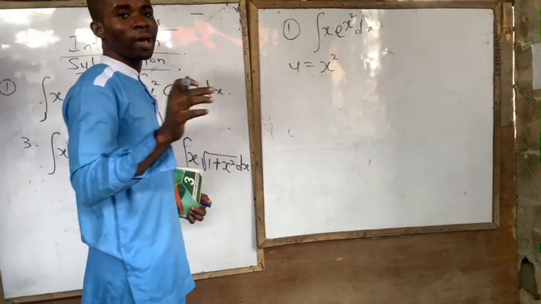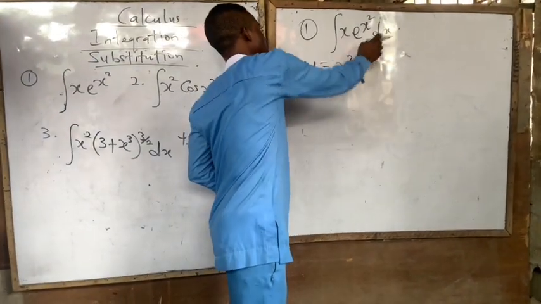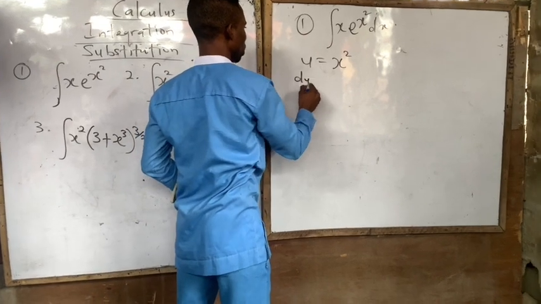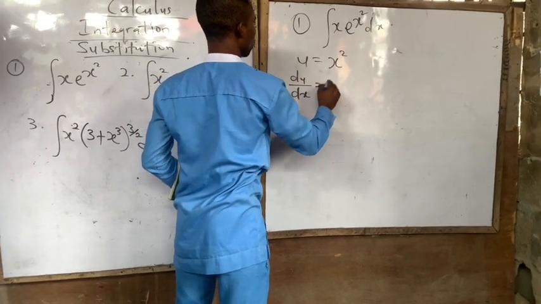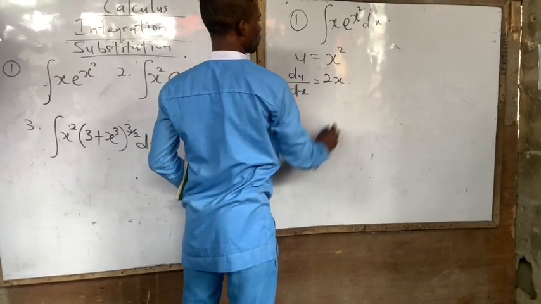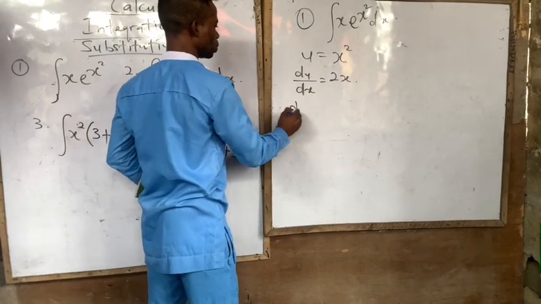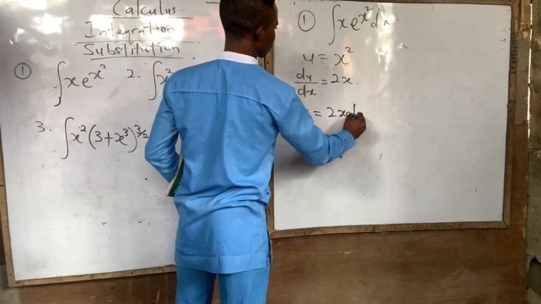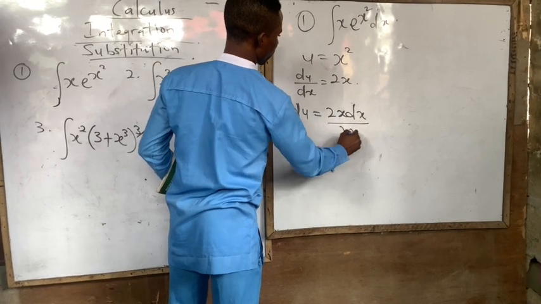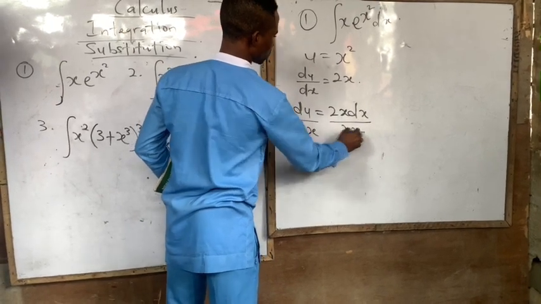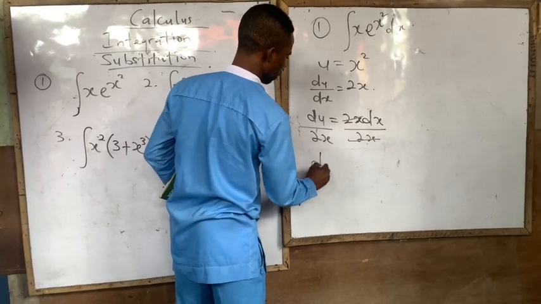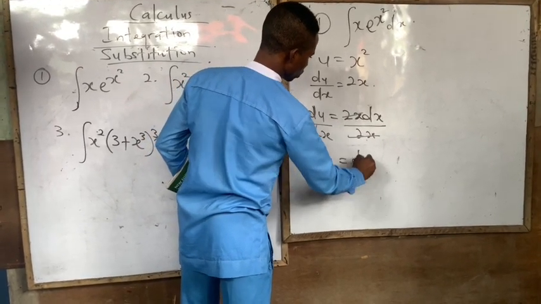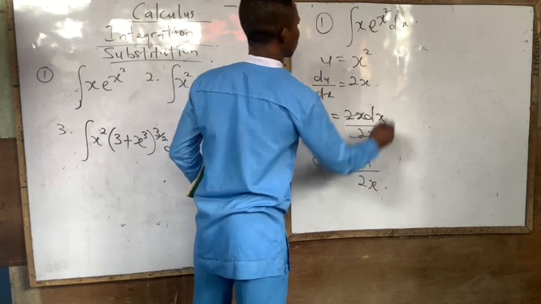After that, don't forget our aim is to find this dx. That means du/dx equals 2x. And that means our du equals, when you cross multiply, 2x dx, all over 2x. 2x cancels 2x. That means our dx equals du all over 2x.